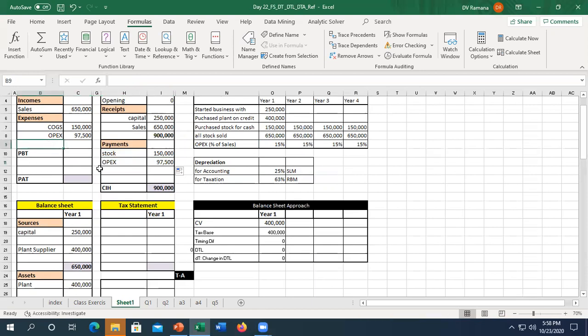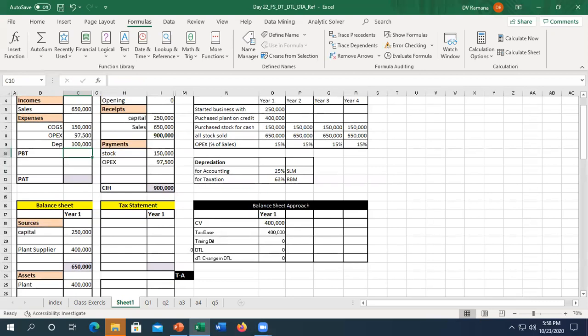Now depreciation. For the purpose of accounting, the company follows the straight line method of 25% on the cost. The cost is 400,000.